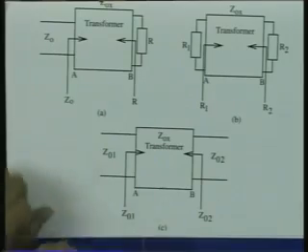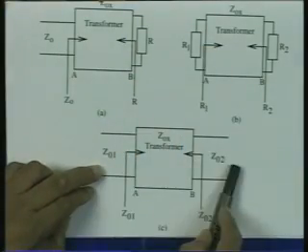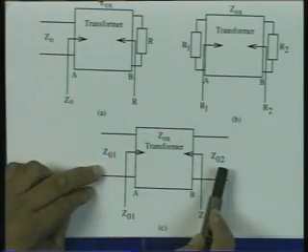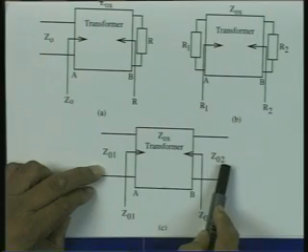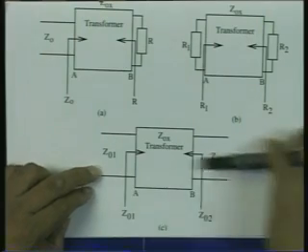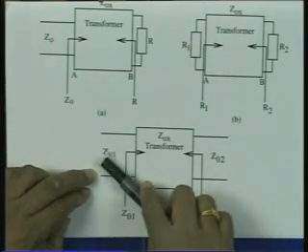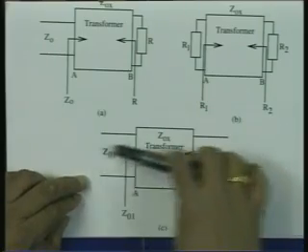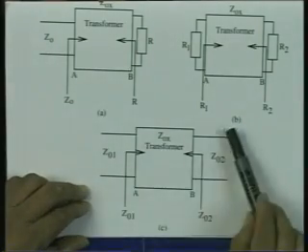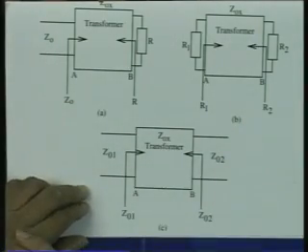If I have to make a joint between these, and if I just make a straight joint, this transmission line will see as if it is connected to an impedance of Z02, which is the characteristic impedance of the other line. That line will see as if it is connected to an impedance of Z01, which is the characteristic impedance of this line, and there will be reflection on both sides of this junction.